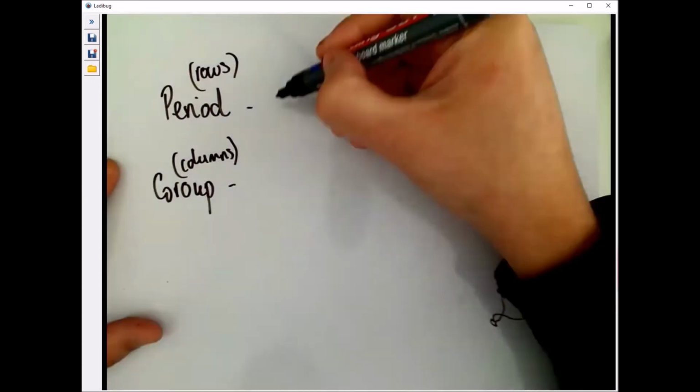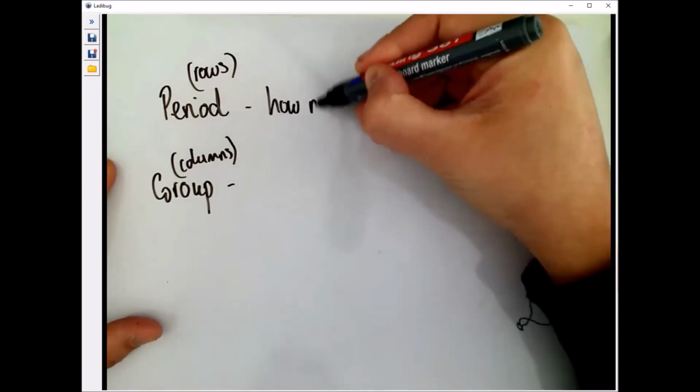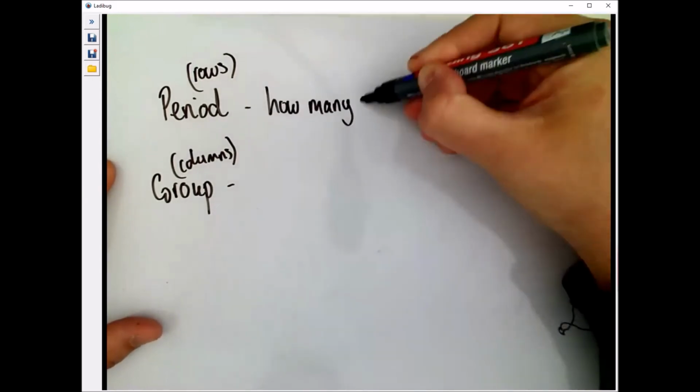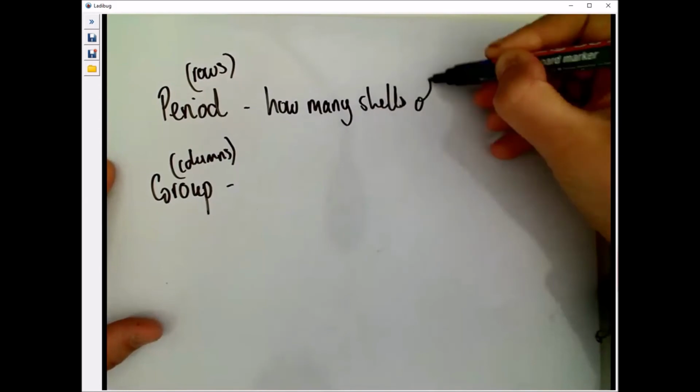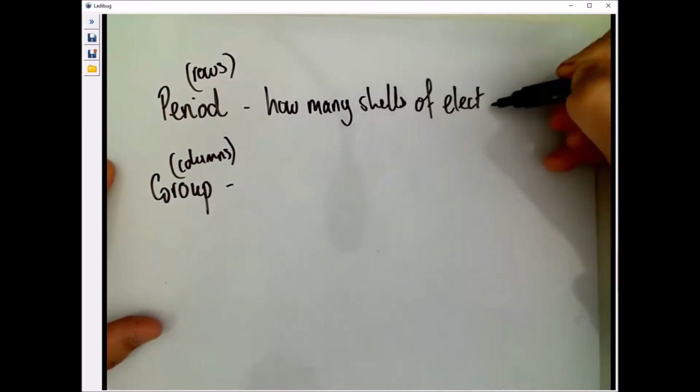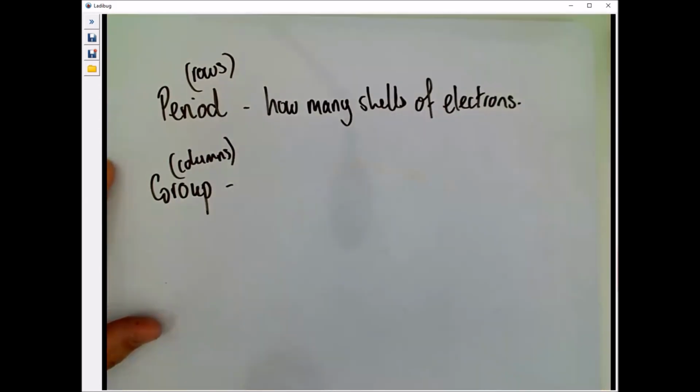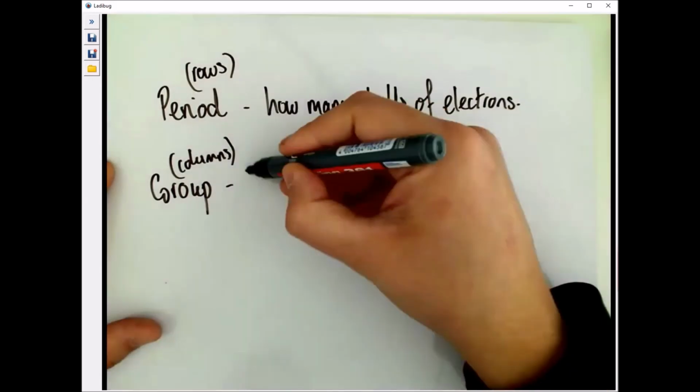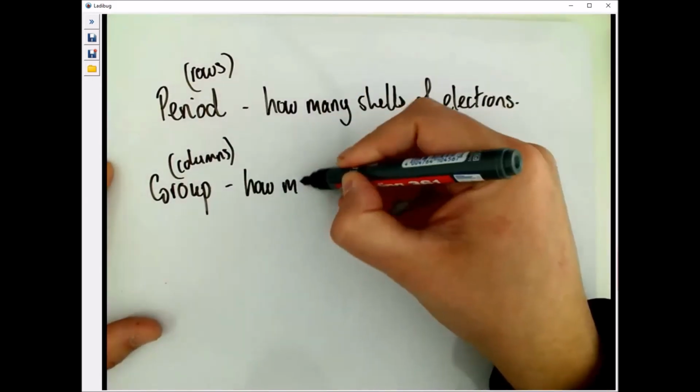Now, the period will tell me how many shells of electrons there are. The group tells me how many electrons are in the outermost shell.